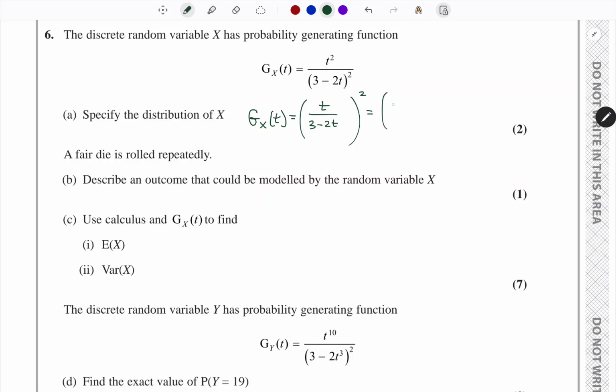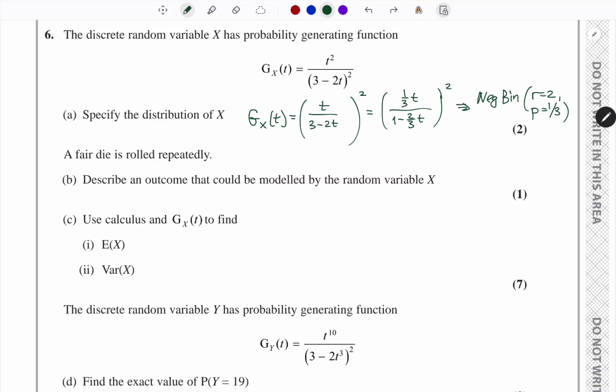And if I divide both sides of this fraction inside the brackets by 3, so it's 1/3 t over 1 minus 2/3 t. Yeah, and then when you look at the table with PGFs, you recognize negative binomial distribution with r equals 2. So this is r, the power of the brackets, and p equals 1/3. This is the coefficient of t in the numerator. Okay, it's a negative binomial distribution.